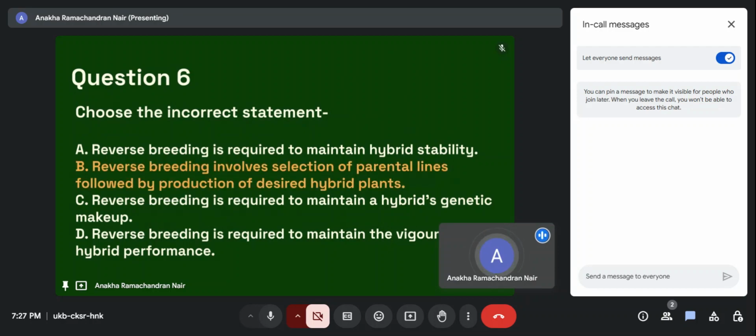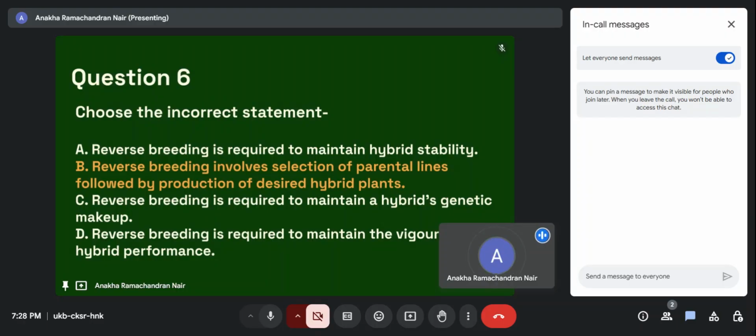The correct answer in this case is: reverse breeding involves the selection of parental lines followed by production of desired hybrid plants. Reverse breeding, like you can tell from the name, is where you have a desired plant, and you have to create parental lines for that desired plant.